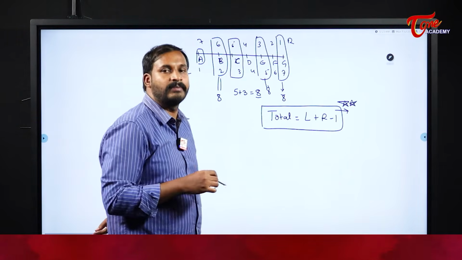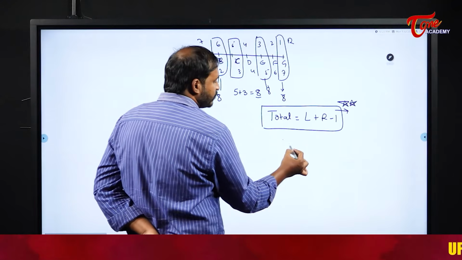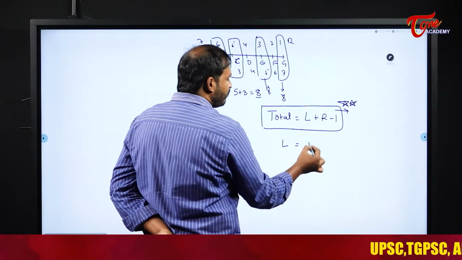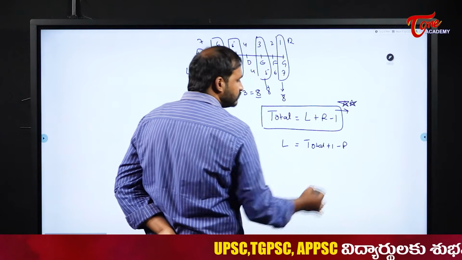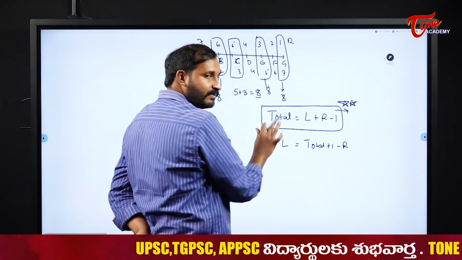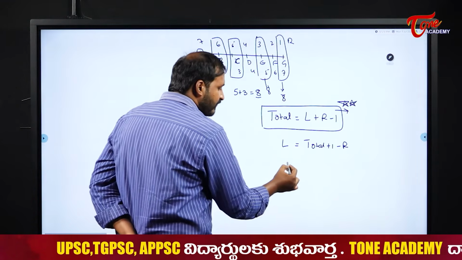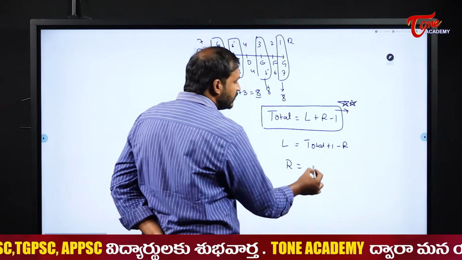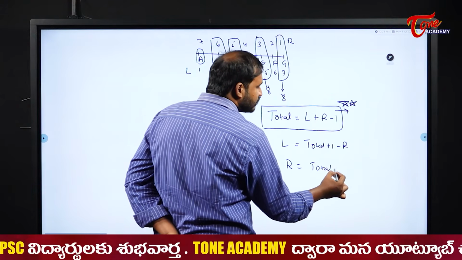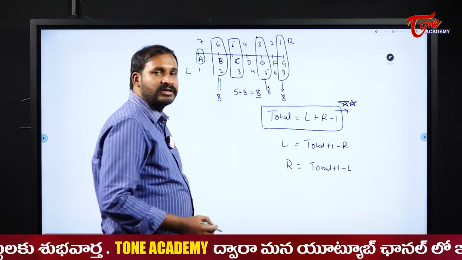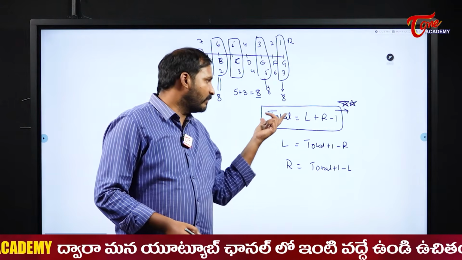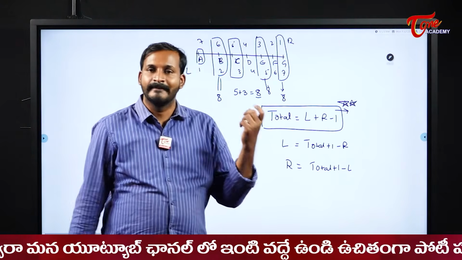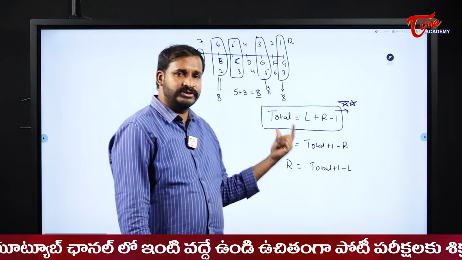Sometimes I need to find the left position. Then what will I do? I will send the right minus 1 to the other side: total plus 1 minus right. Next, if I want to find the right rank, then total plus 1 minus left. Based on the situation, I will move terms from one side to the other, but the actual formula is total is equal to left position plus right position minus 1.